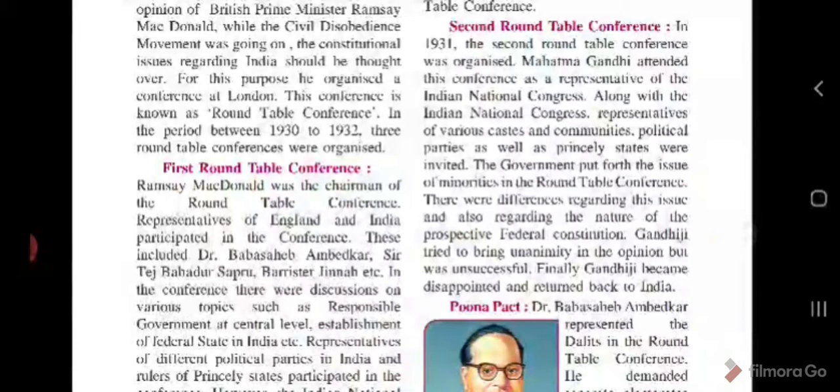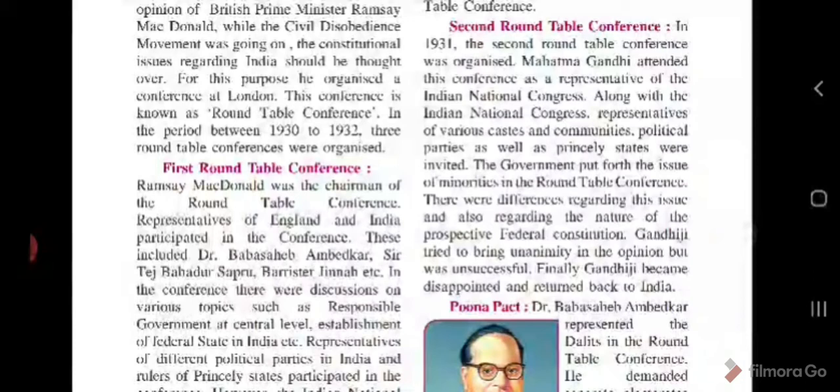Along with the Indian National Congress, representatives of various castes and communities, political parties as well as princely states were invited. The government put forth the issues of minorities in the round table conference.